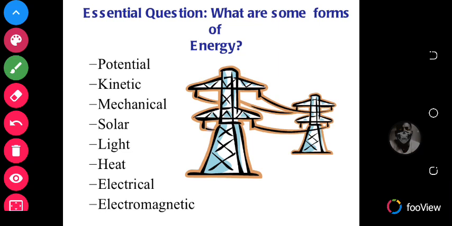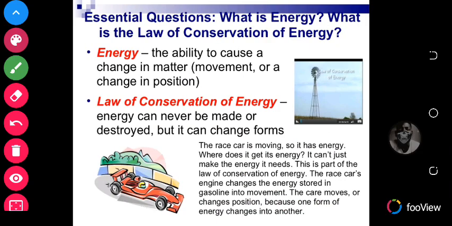I'm sure we are all familiar with electromagnetic, electrical, heat, light, solar, but potential, kinetic, and mechanical are what we know by name but are not familiar with. We will look at their definitions, and there's also a form of energy known as chemical energy.